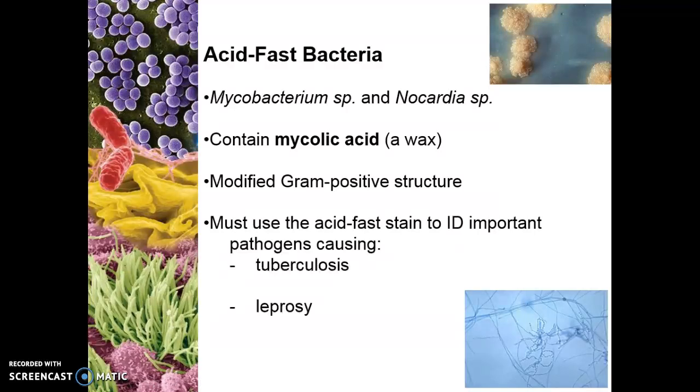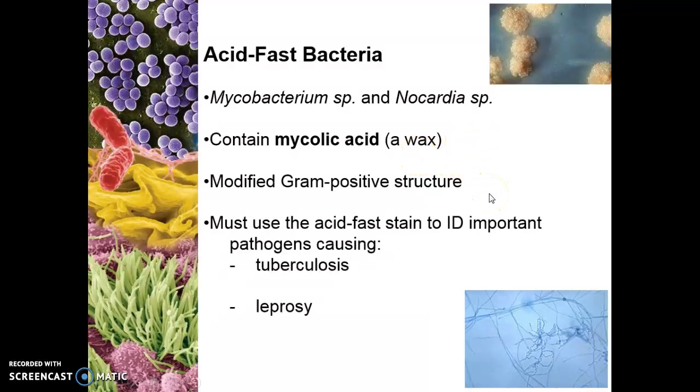It's kind of hard, and when doing the gram stain, it's very difficult to get that color, or get that stain, into the bacteria cell wall because it's wax. So what the acid-fast stain does is it utilizes heat. You put a stain on the cell while you're heating it, and you use that heat to basically relax that wax, not necessarily melt it, but relax it, and so it will draw the stain in.